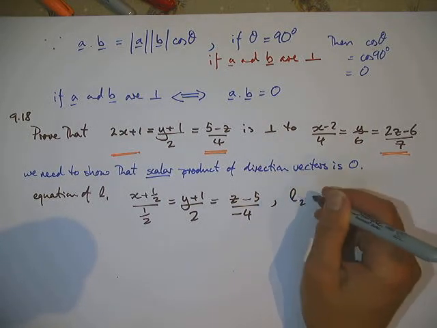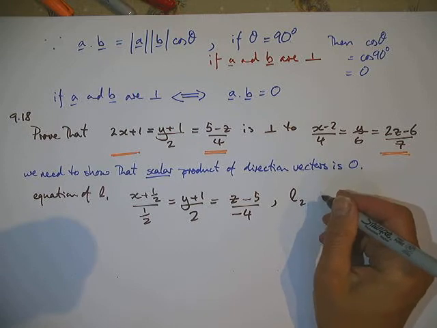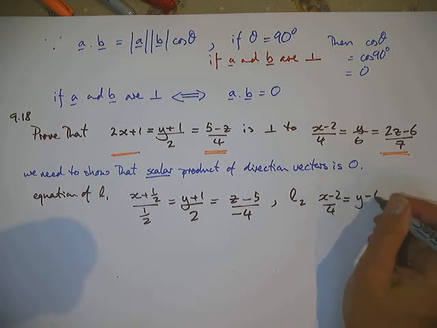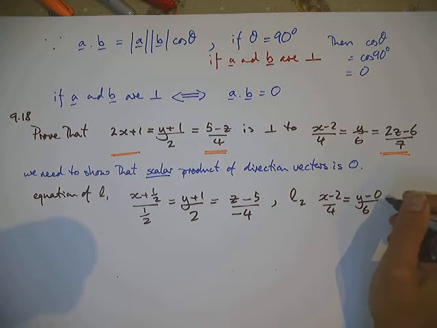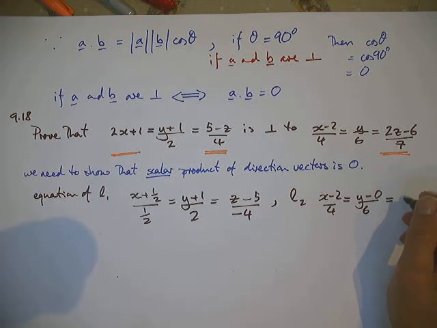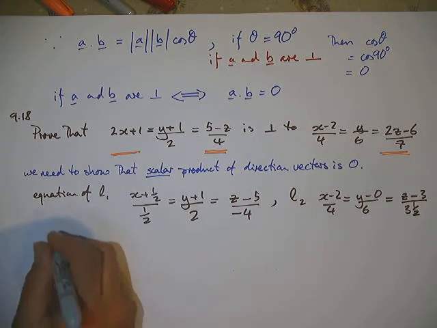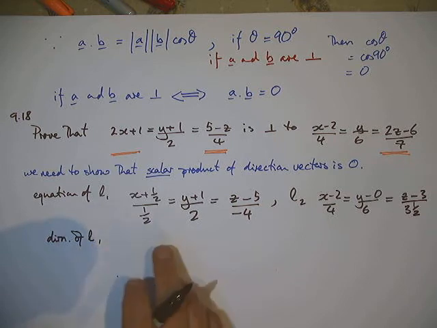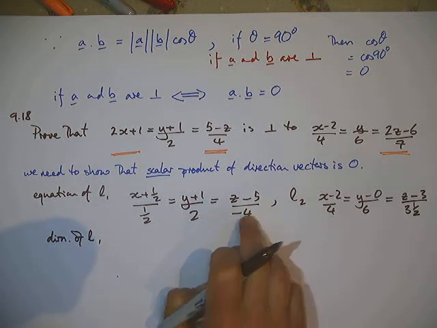L2 has the form, so that one's fine. x take 2 over 4, and there's nothing wrong with writing a y take 0 over 6. And same here as I did there, I'm going to halve all those values. So z take 3 over half of that, 7 over 2, which is 3.5. So the direction of L1 is these three values.